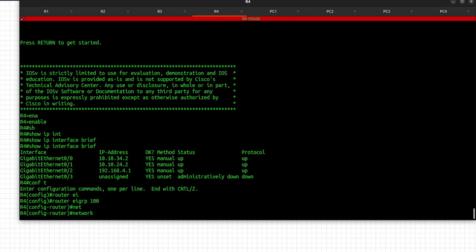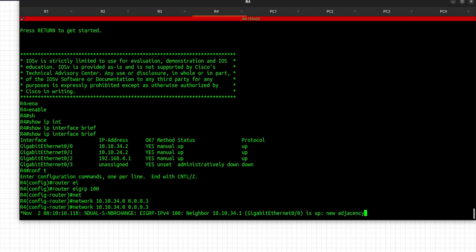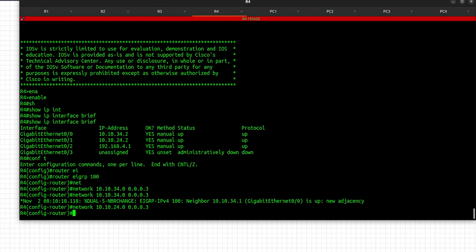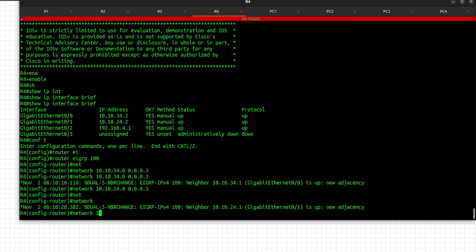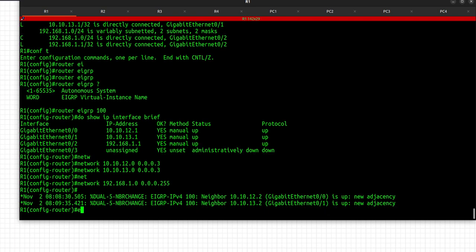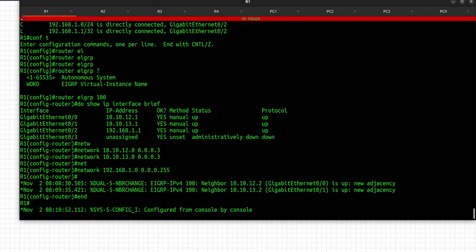Advertise the subnets: network 10.10.34.0 0.0.0.3, and then the second is 10.10.24.0, yes, and the last one is the local subnet, which is 4.0 with 0.0.0.255.